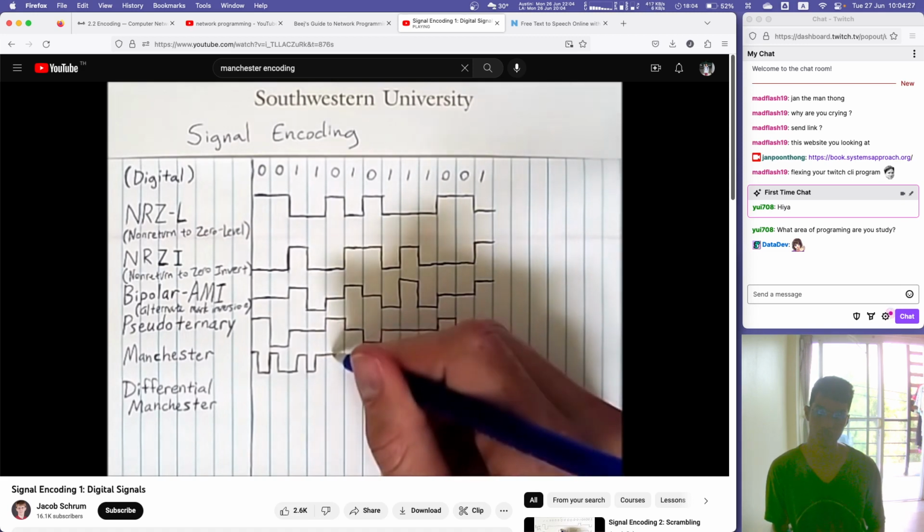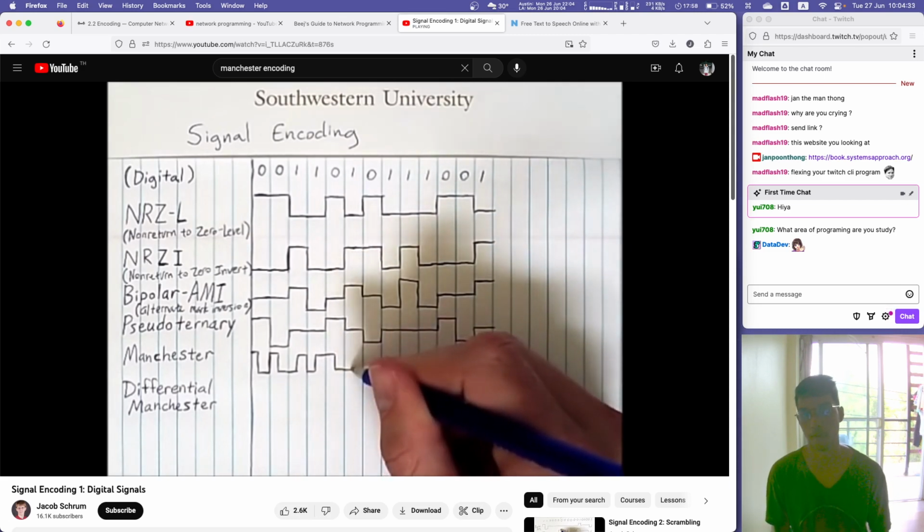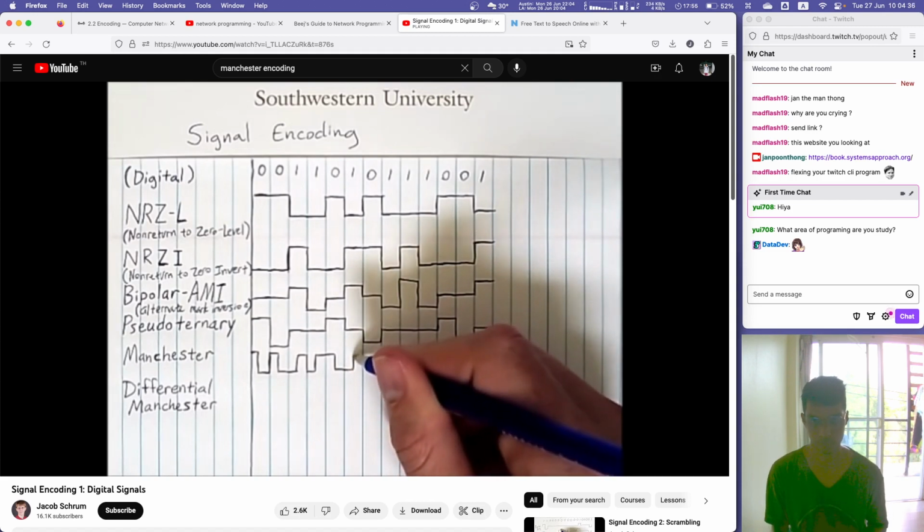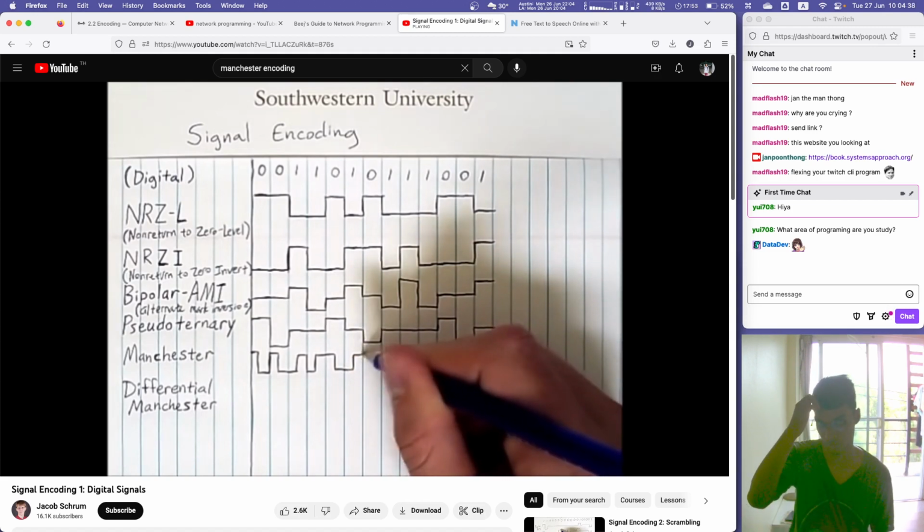So just remember that every 0 will have a downward transition in the middle of the interval, and every 1 will have an upward transition in the middle of the interval.